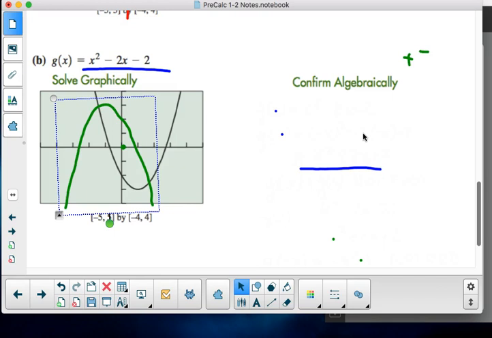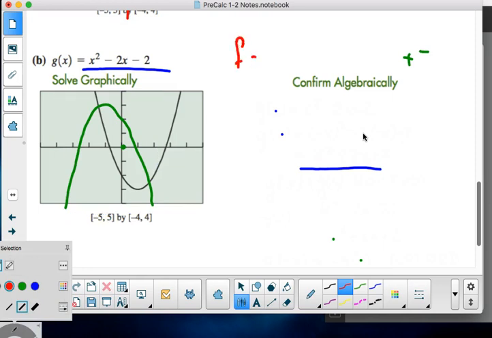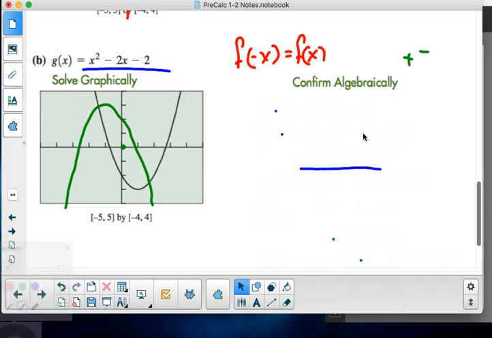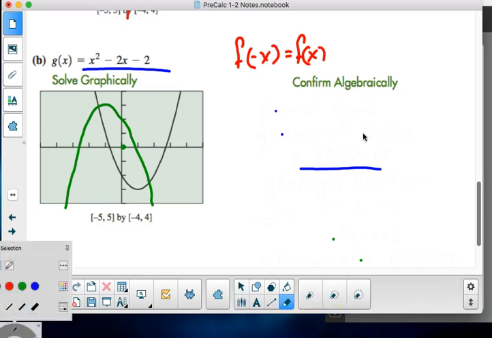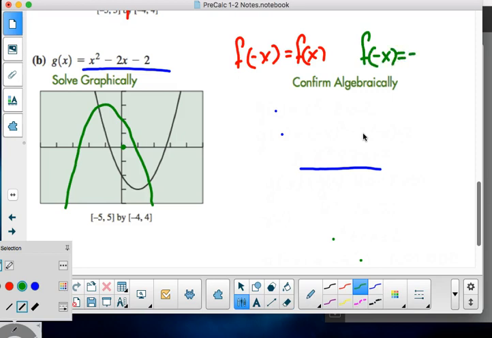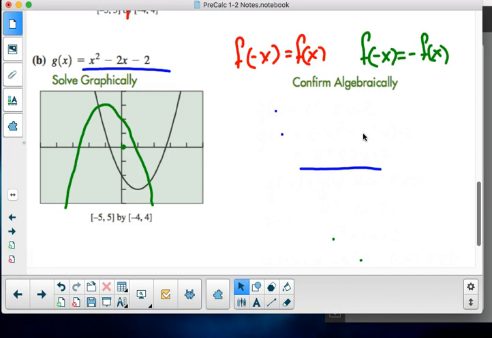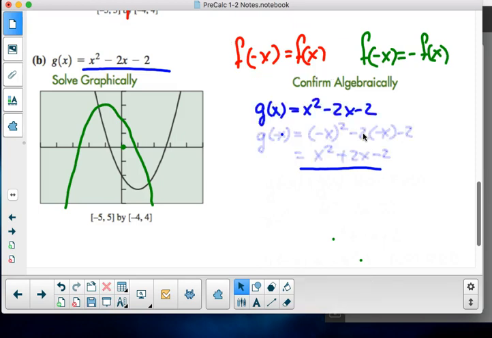But now let's talk about what I'm doing. When it's even, I plug that in, I get the same out. When it's odd, I plug it in and it's the opposite out. Does that make sense? Those are my rules. So what I'm going to do, I'm going to put in the opposite of x no matter what each time. So I put in the opposite of x and I get this out.